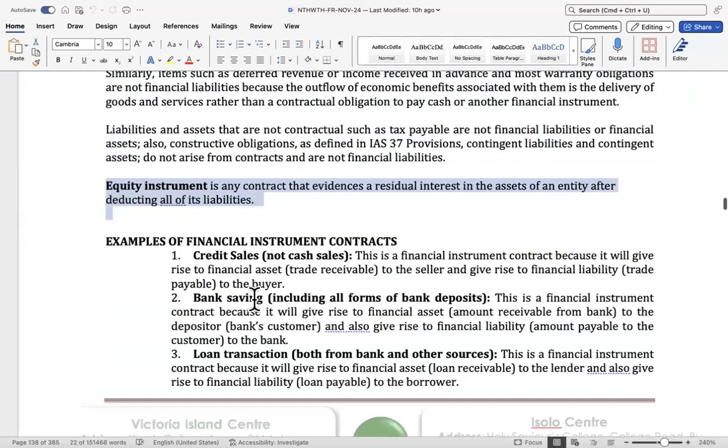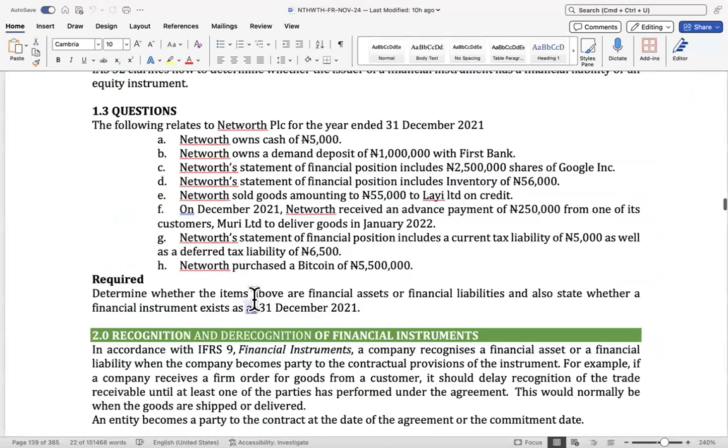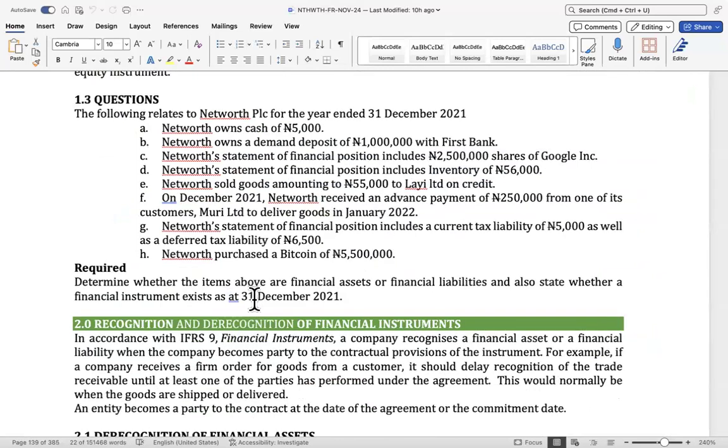Before I move forward, there's this question here without solution that we really need to look at together. We have actually discussed most of it, but we still need to look at it together. So let's look at this question. It says the following relates to Net Worth PLC for the year ended December 2021.